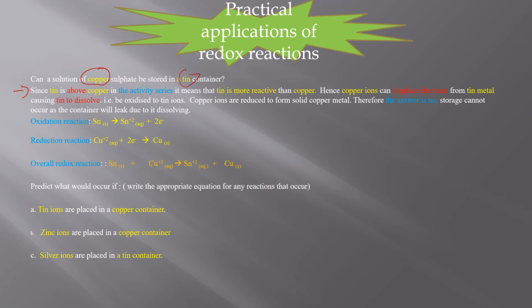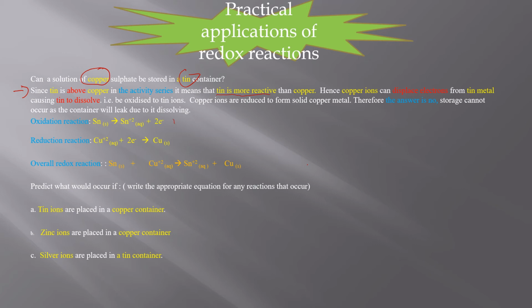It's a tin container, like a tin can or something like that. Will copper and tin react, and how will they react? Because tin is higher on the reactivity series, which means it's more reactive, the copper will take electrons from the tin and dissolve the tin.